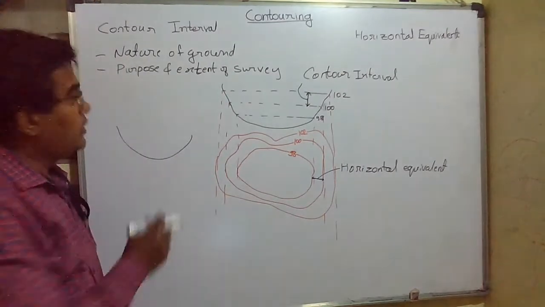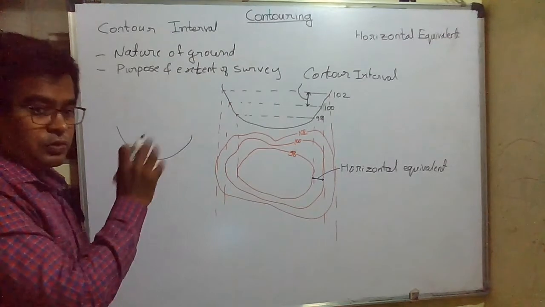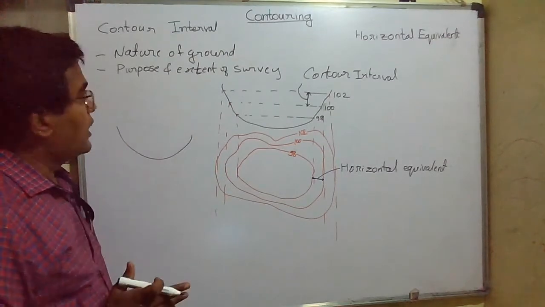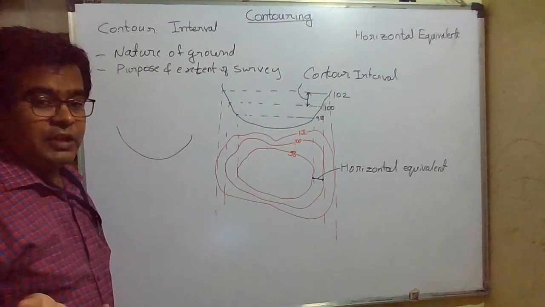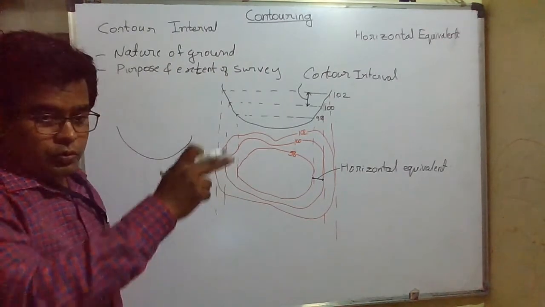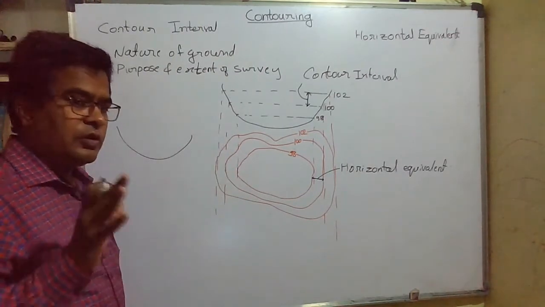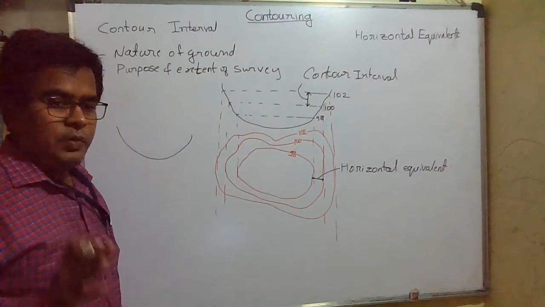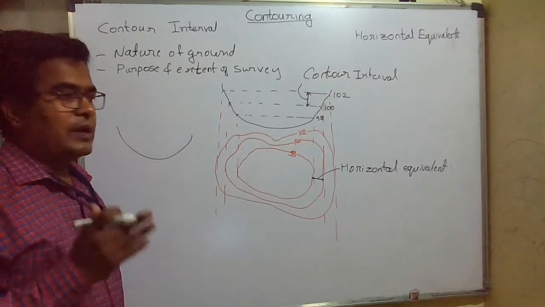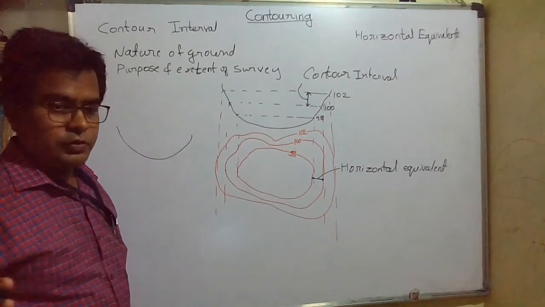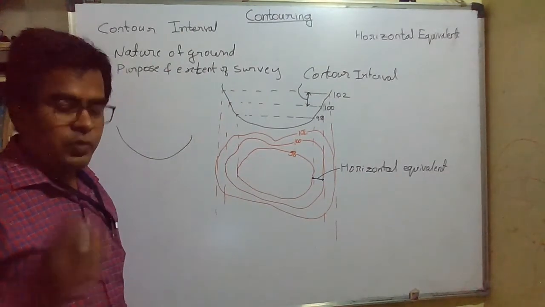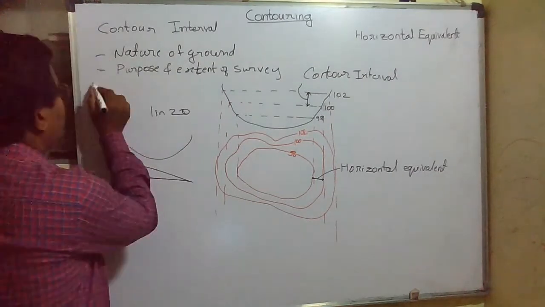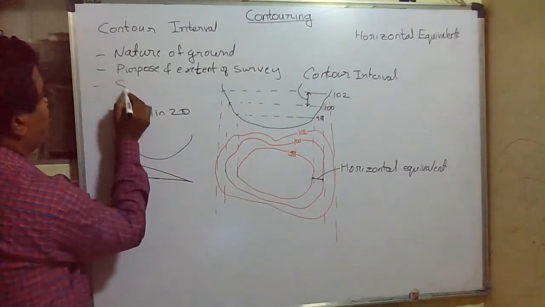So there we'll select the contour interval on the higher side. Again, extent of survey means if we have to do contouring of one small region, then we can go for a smaller contour interval, because our extent of area is less, so we can do it more accurately. Next factor on which contour interval depends is the scale of the map.